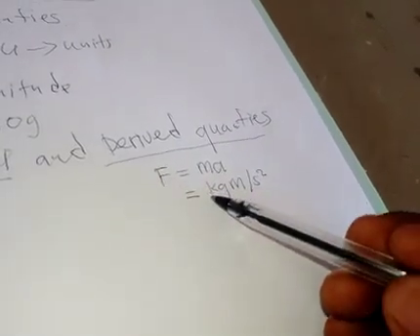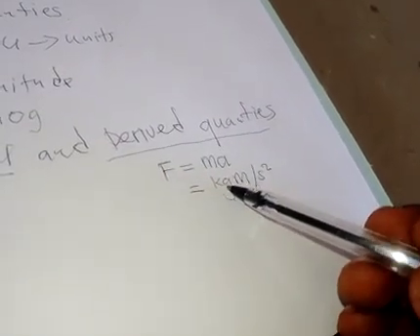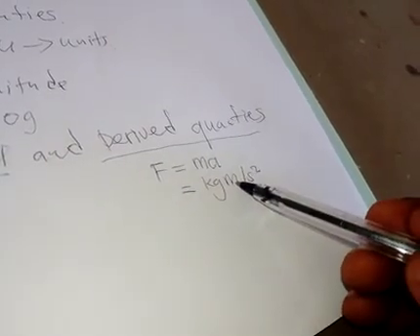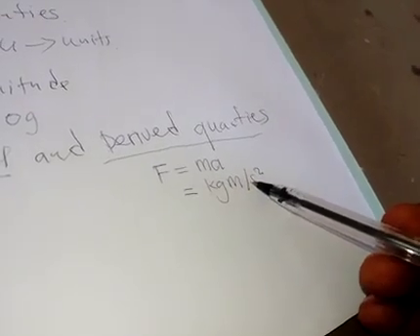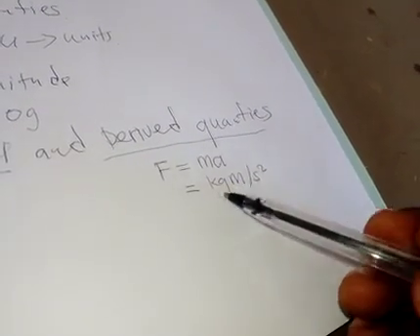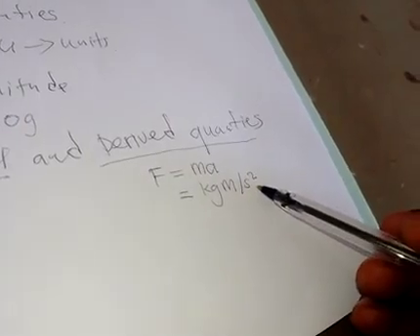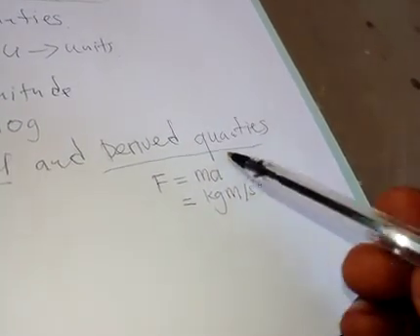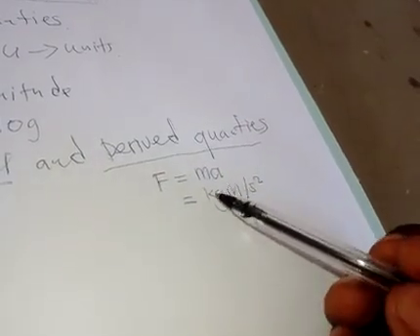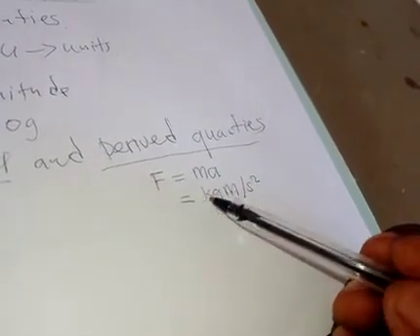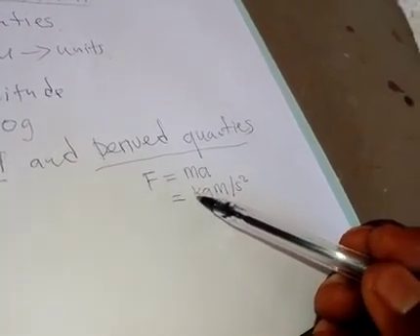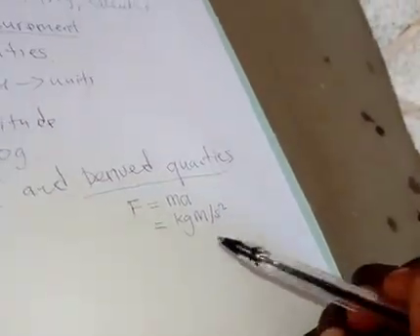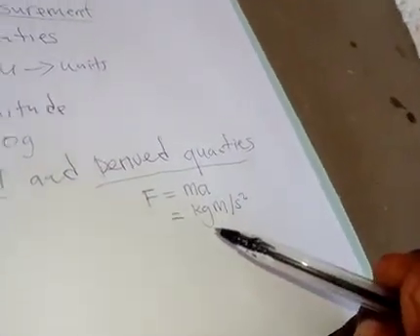We have kg, which is mass, meter, which is length, and second, which is time. So we have mass, length, and time being combined, giving us a force. We can say force is derived from mass, length, and time. Other than that, we can have pressure equals force over area.